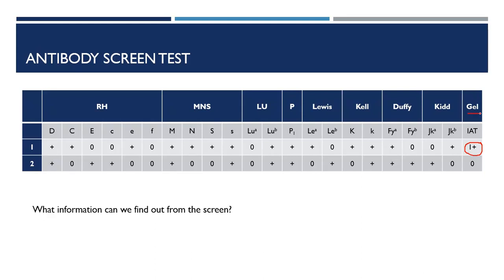This transfusion service uses the gel procedure, and so the gel is read only at one phase. It's read at AHG phase. So that tells us that we're very likely working with an antibody that's an IgG specificity. So this is an unexpected antibody that is most likely going to be clinically significant.